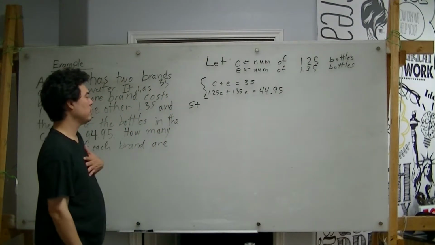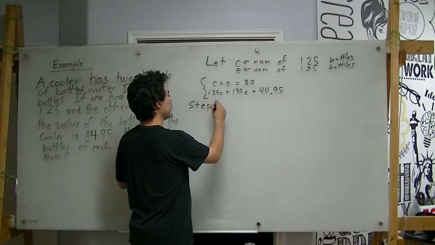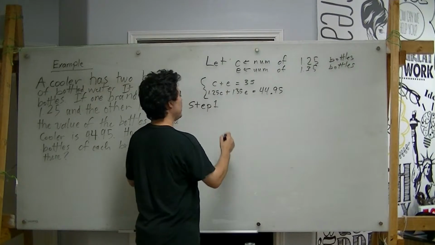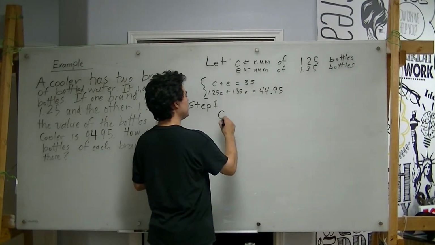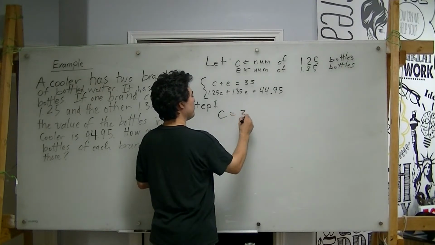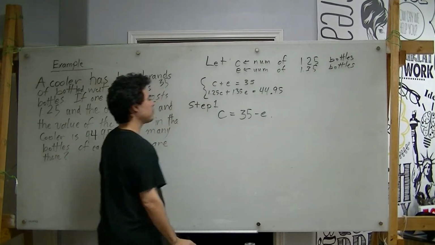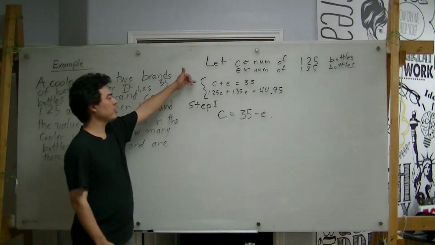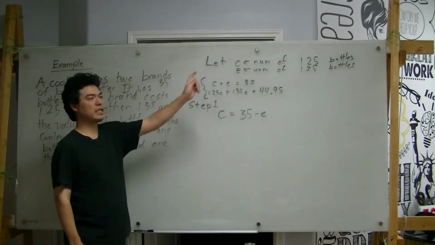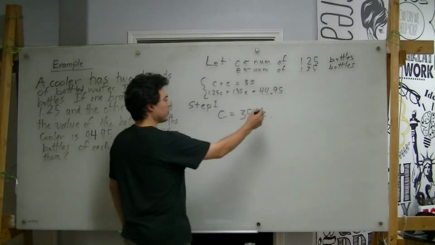Let's say we take the first equation, subtract E from both sides, and we get C equals 35 minus E. So in other words, I just took the first equation and I subtracted E to the other side. So that is our step 1. Done.